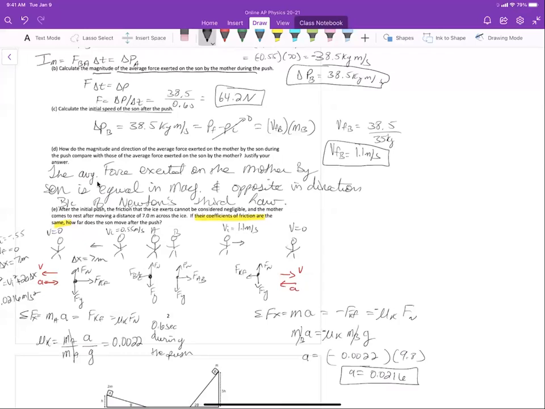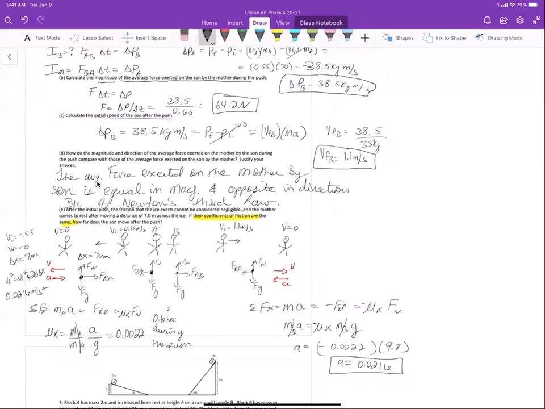Okay, now that I know that acceleration, that's in meters per second squared, I can find delta x. Delta x is what we're trying to find. So I know its initial velocity, which was 1.1 meters per second. Its final velocity was 0.